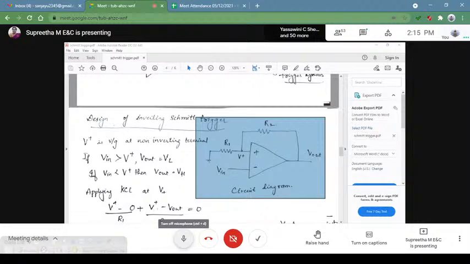Yes, the V out will be VL. Okay. Similarly, if Vn is less than V plus, then V out is equal to VH. So that is the transition.